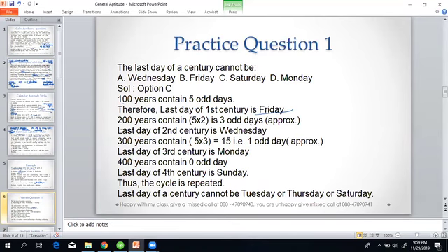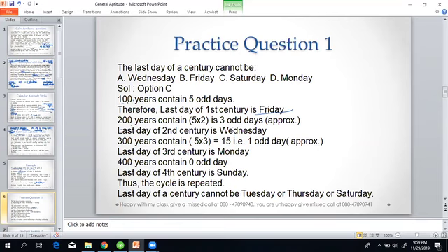200 years contains 3 odd days. Okay, so the second century ends on Wednesday. 300 years has 1 odd day, meaning Monday. 400 years contains 0 odd days, that is Sunday. The last day of the 4th century is Sunday. And the cycle is repeated. After 400 years, the cycle is repeated again.